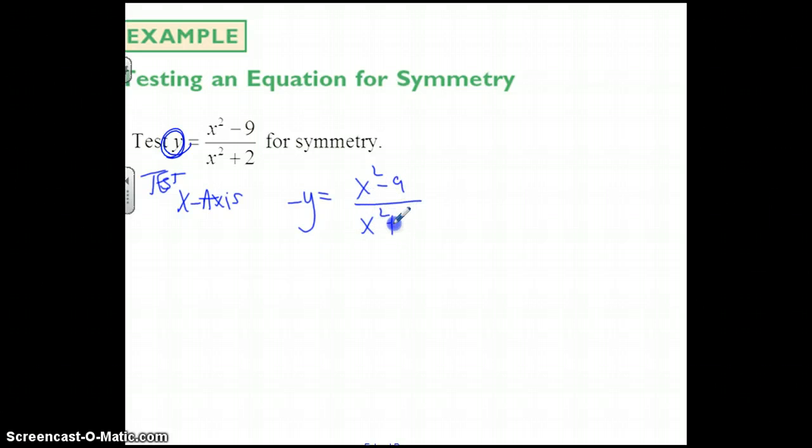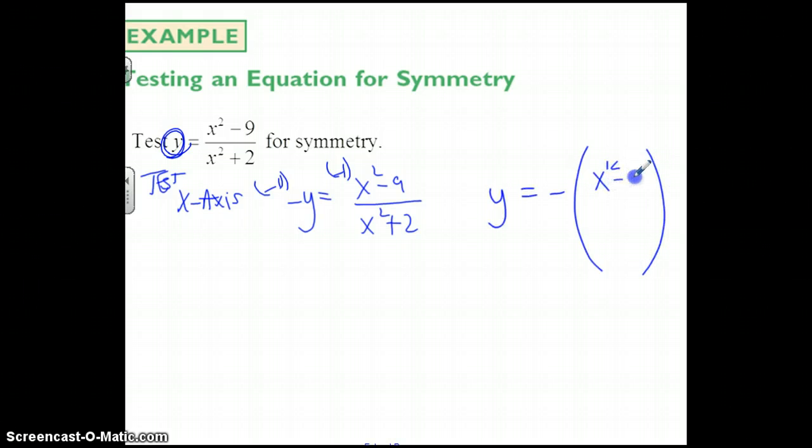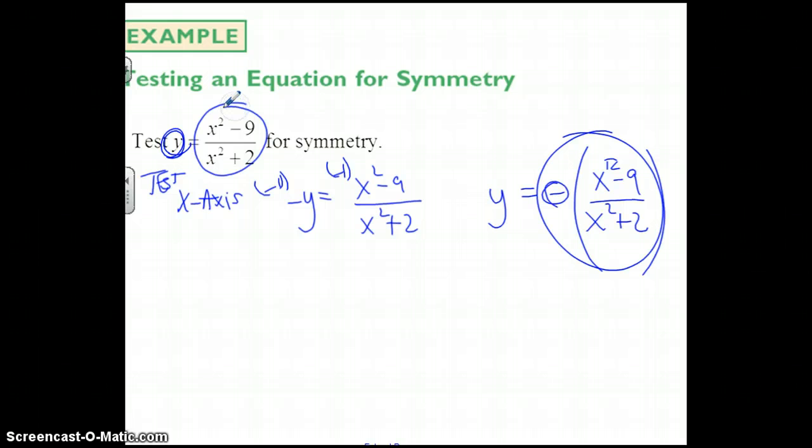Do I get the exact same function back? And if I do, then I say that it has symmetry about the x-axis. But if I multiply both sides by negative 1 here, I can see y was equal to the opposite of the function. If that's not the same, that's exactly the opposite. So I'm going to say no, this does not have symmetry because I didn't get this to look exactly like this. It was the exact opposite.